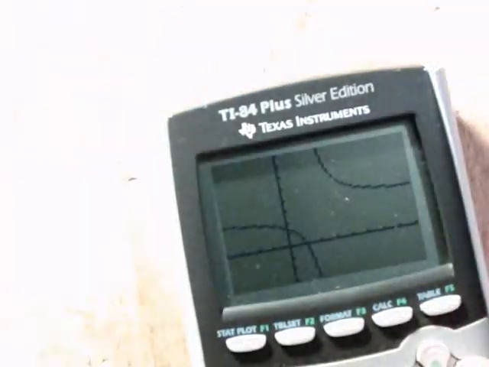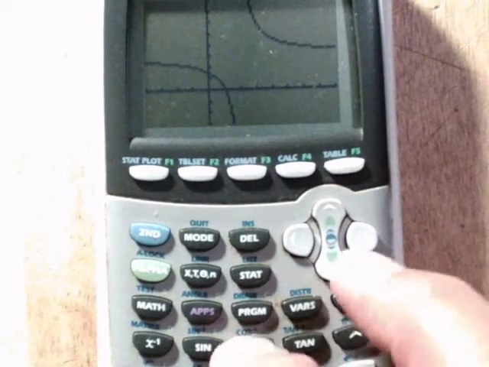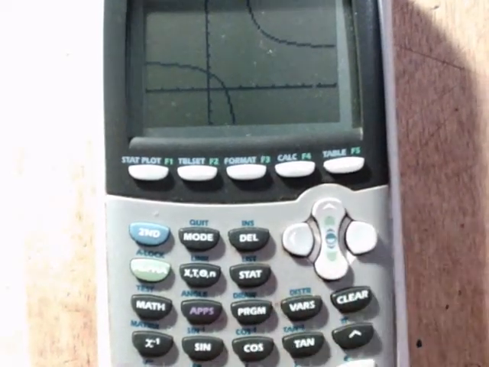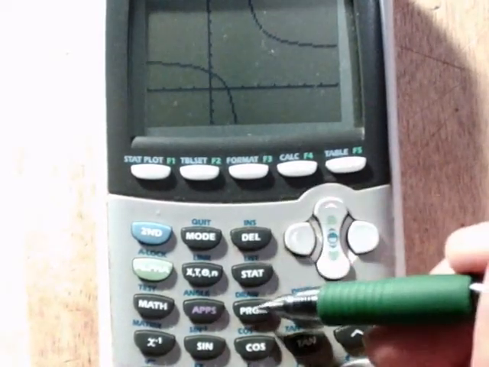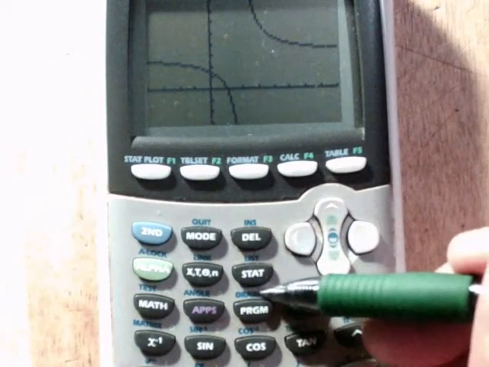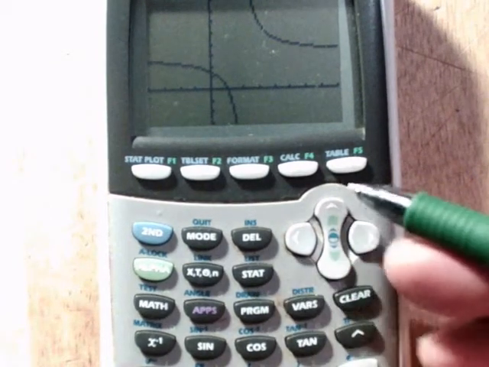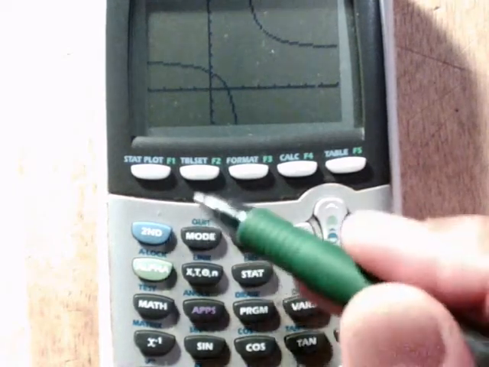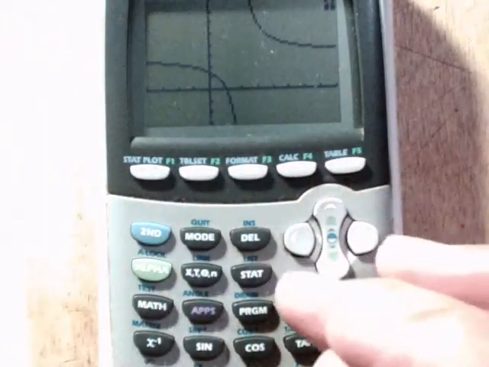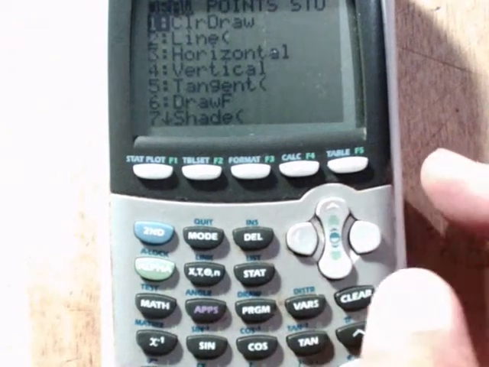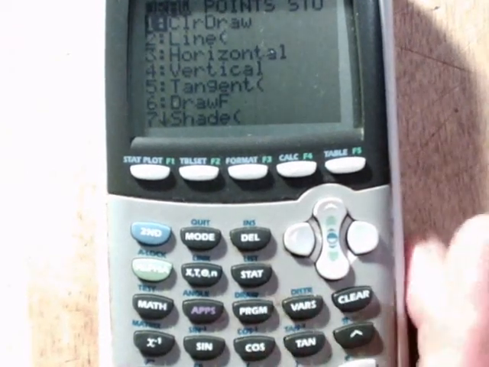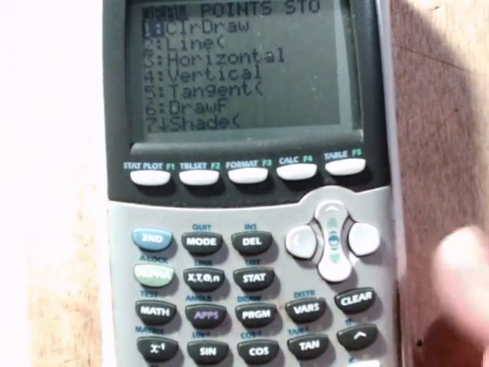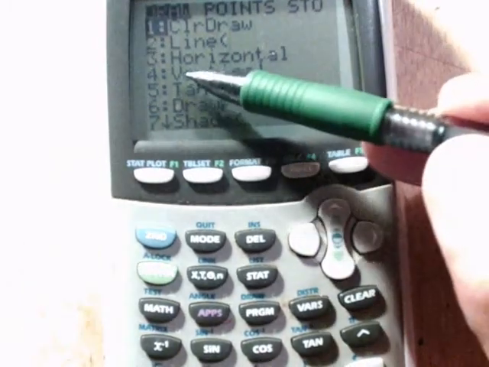If you want to put the asymptotes, x equal to 2 is a vertical asymptote. Go to second program, which says draw. You see, second program gives you draw. It gives you this menu, and in this menu I want vertical, so go to vertical, number 4.